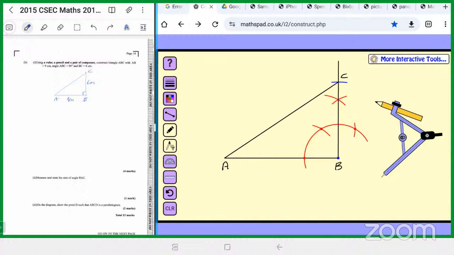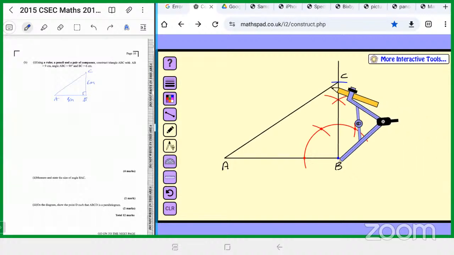All right. So now let me show you how to do the parallelogram. I can use the compass and make the parallelogram now. So I have this distance of 6. I know that this distance is already 6 right here.